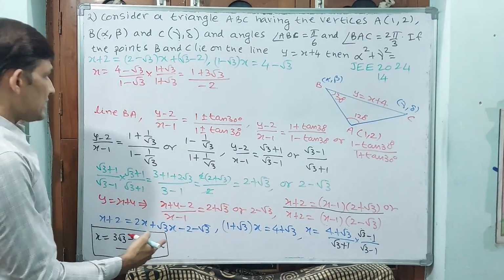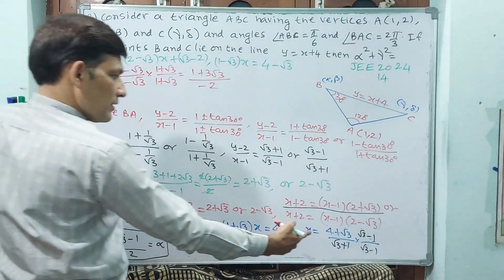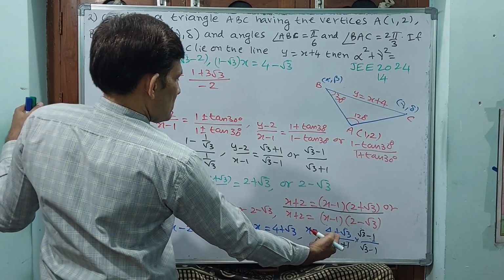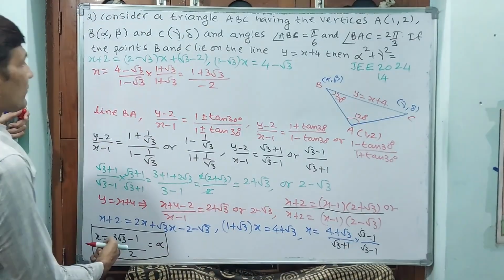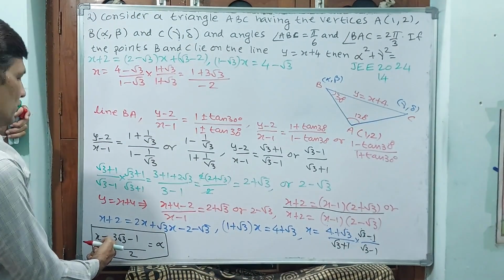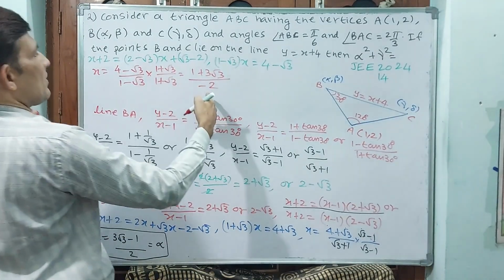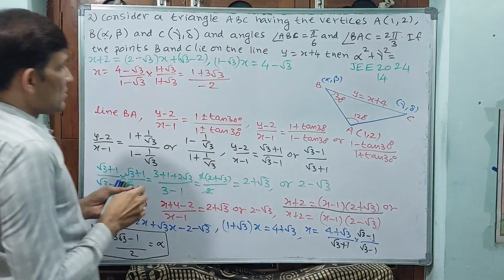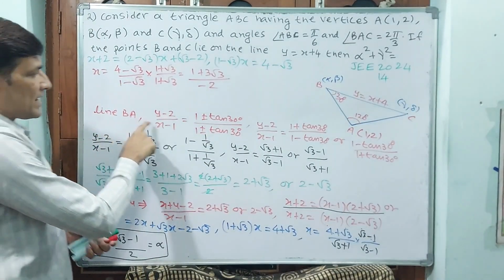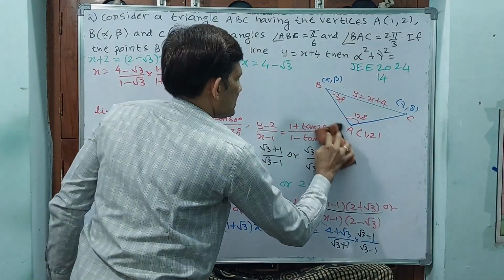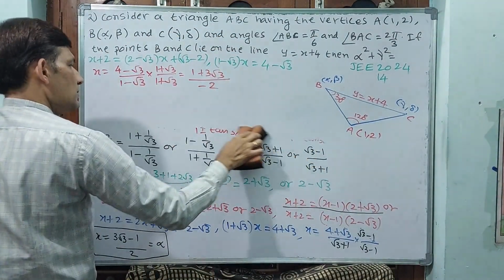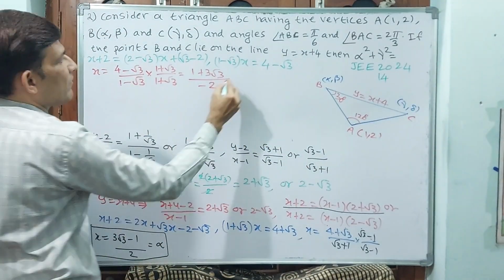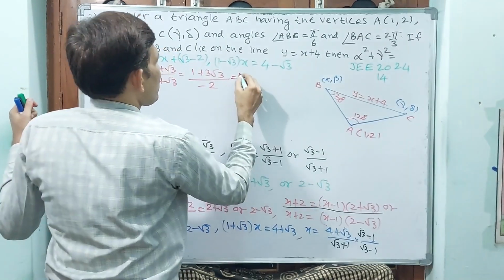Earlier 3 root 3 minus 1, but 3 root 3 plus 1 here. No problem. Now I am going to remove this red line also. As we have taken alpha, this I am taking as gamma.